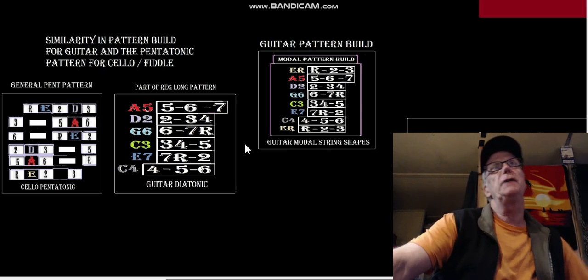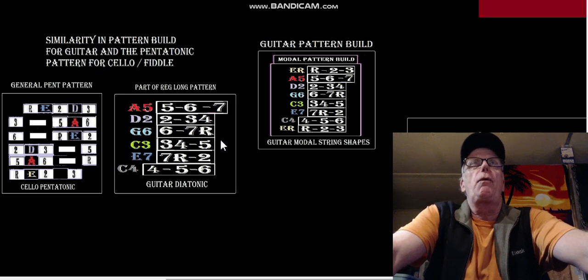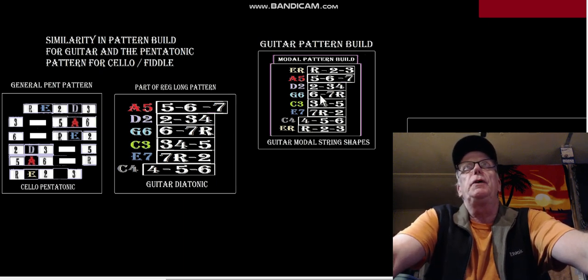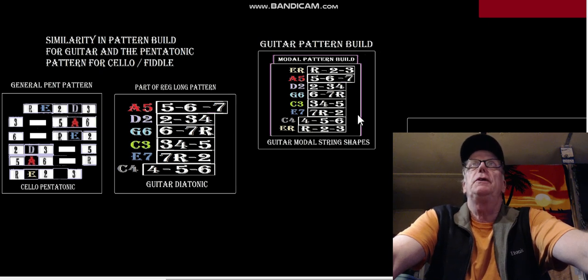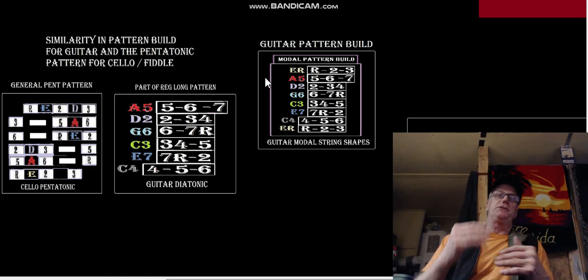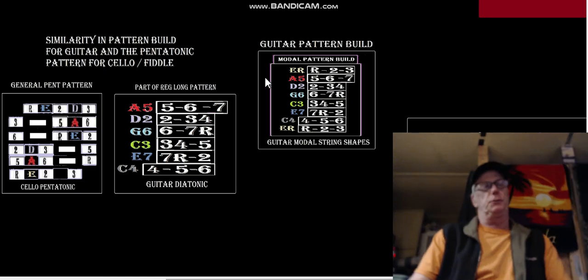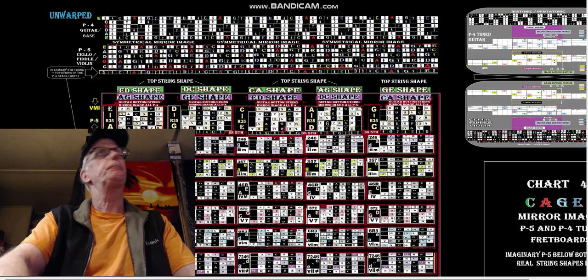So it doesn't matter what string you start on, because you don't know where the tuning third is going to happen on the 4th string from the bottom. So it depends on what strings. That's why we don't show the tuning third in the P4 tuning. Well, here's the P4 tuning. Well, guess what? The P4 tuning is the mirror image of the P5 tuning. So that's what we need to know.